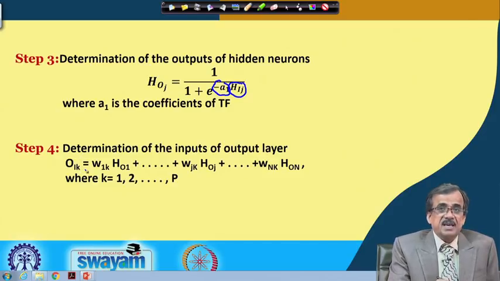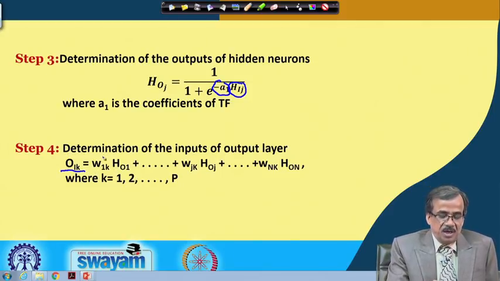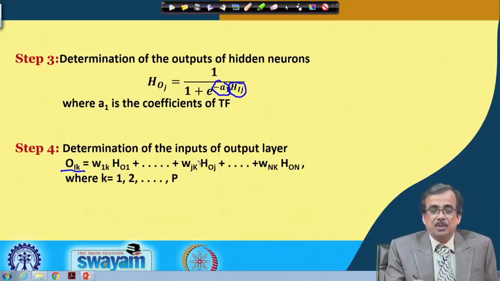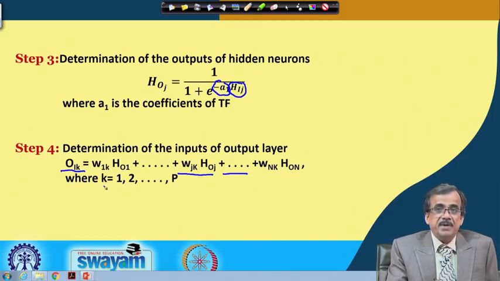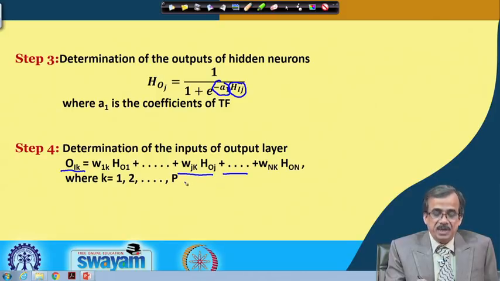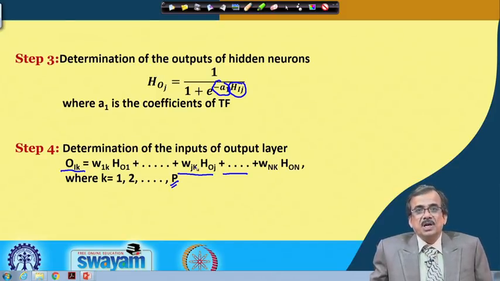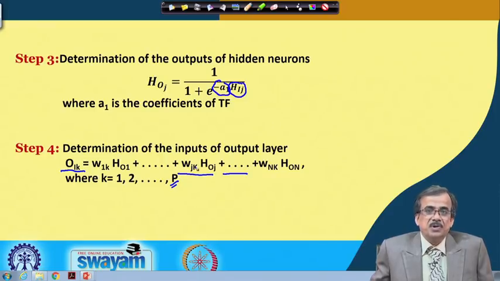Now, this Oik is nothing but the input of the kth neuron lying on the output layer, and that is nothing but W1k multiplied by Ho1, plus a few terms here, plus Wjk multiplied by Hoj, plus a few terms here, and the last term is Wnk multiplied by Hon, and k varies from 1 up to capital P, and this P is the total number of neurons lying on the output layer.